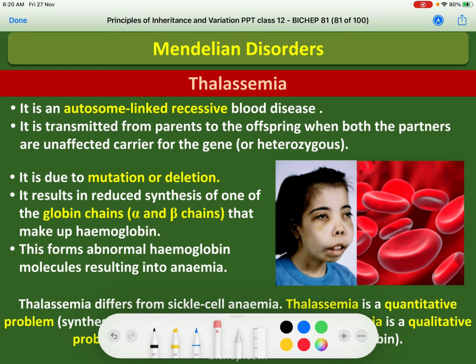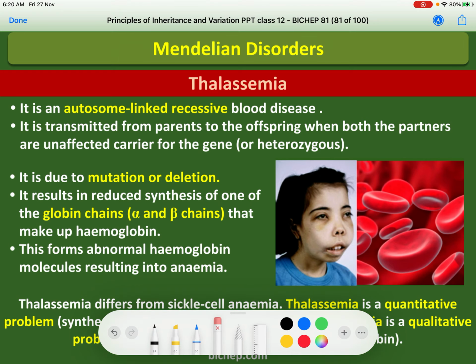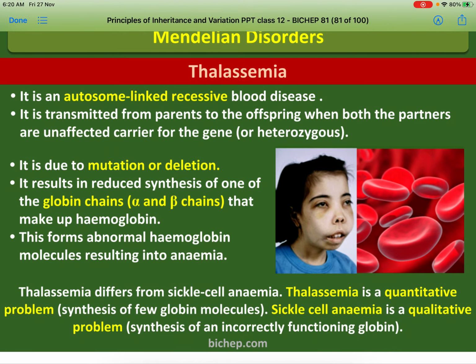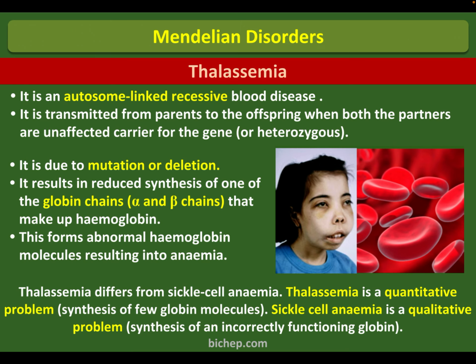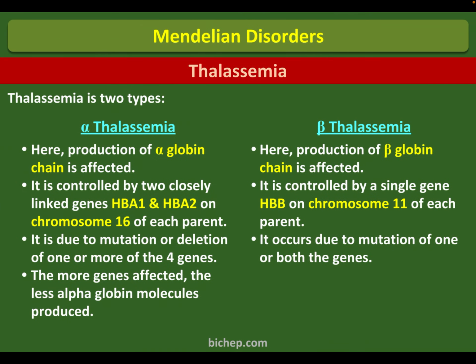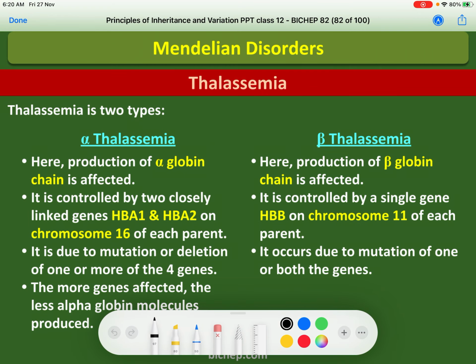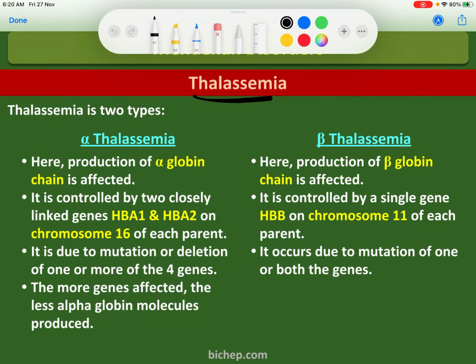Now, we should think about how thalassemia works, which are the possible mechanisms responsible for spreading of this disease. Take the screenshot first. There are two types of thalassemia. Number one, alpha thalassemia.